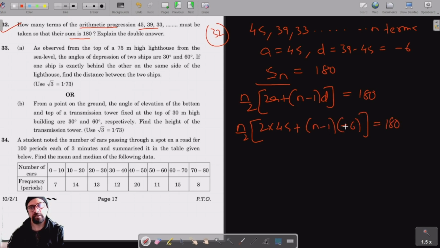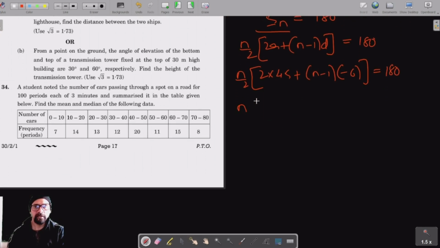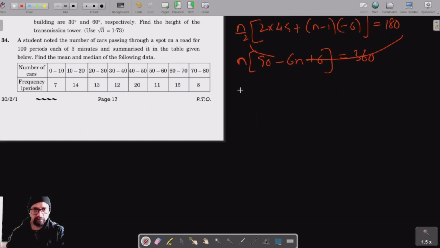So this is n, and the 2 gets shifted to the other side, making it 360. 2 into 45 is 90, and this is minus 6n plus 6, equal to 360. Now our equation is n into minus 6n plus 96, which is equal to 360.